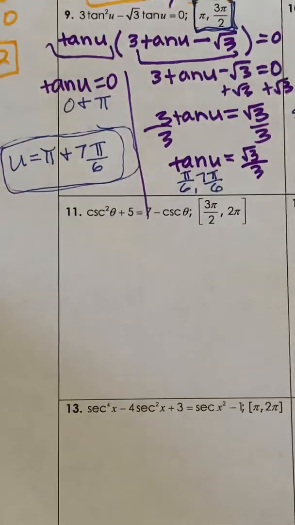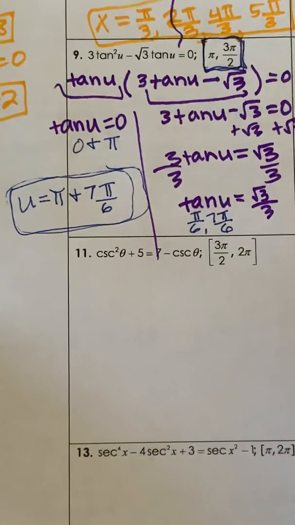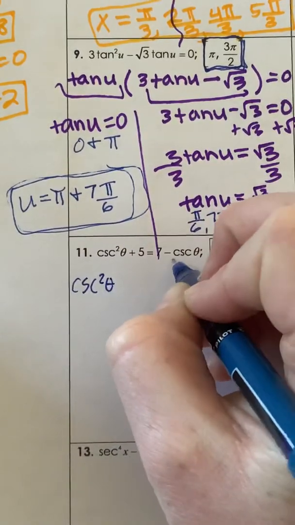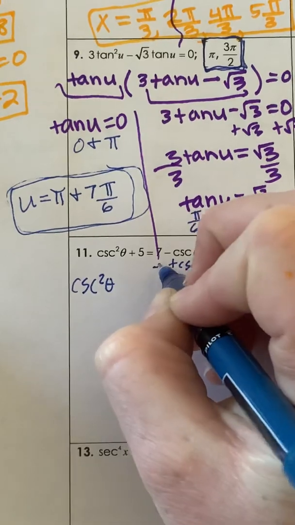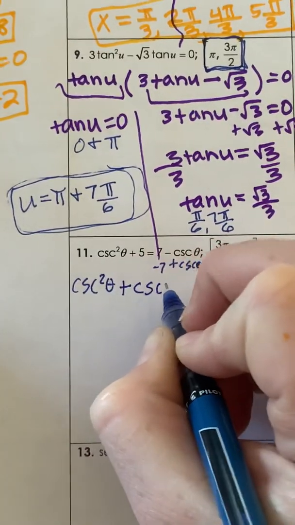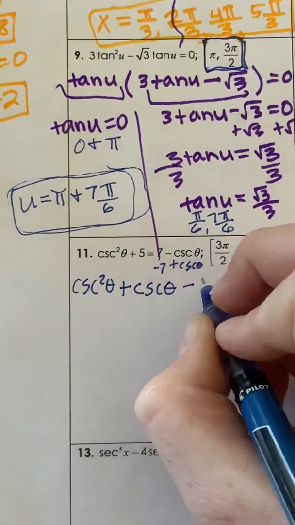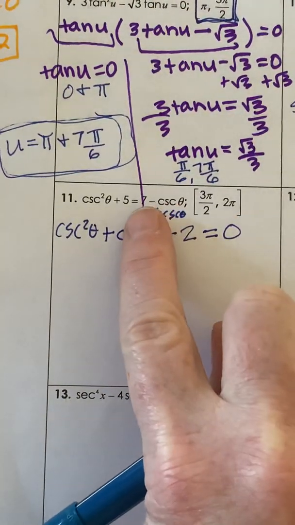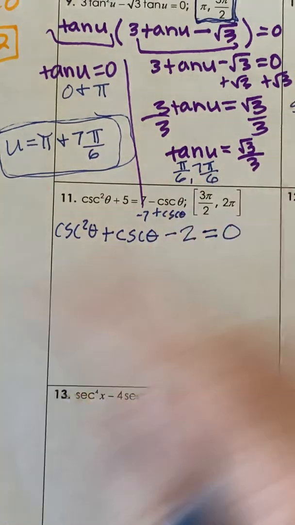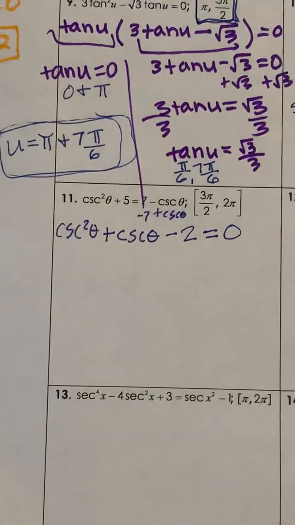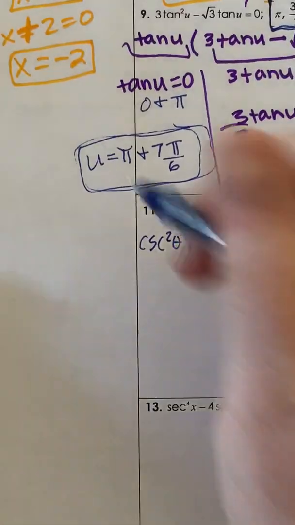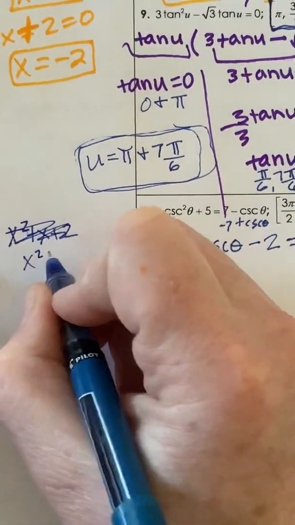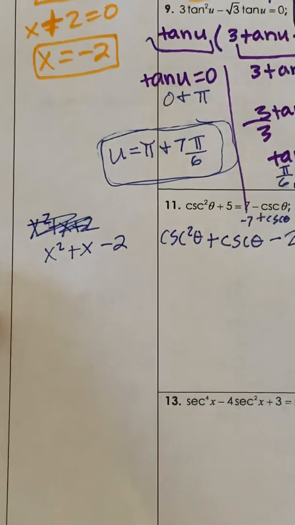Okay, next, 11, cosecant theta. We want to have everything equal 0 first, so we'll do cosecant squared theta plus cosecant theta minus 2 equals 0. So I subtracted 7 and then I added cosecant theta on both sides. Okay, so if you had x squared plus x minus 2, how would you factor that?